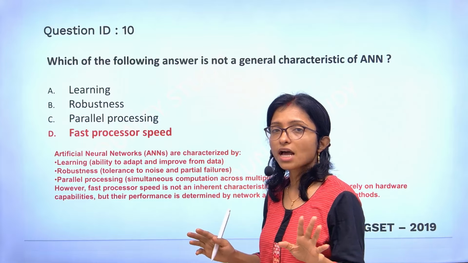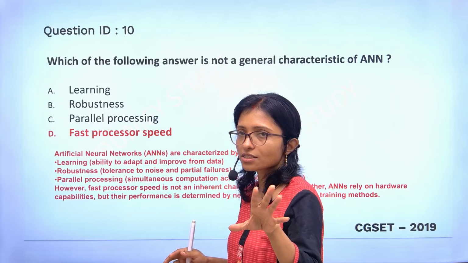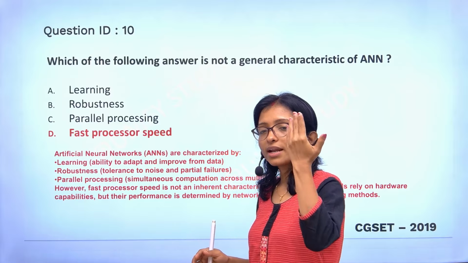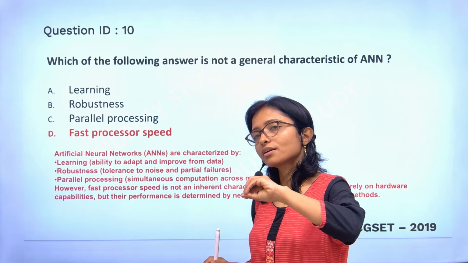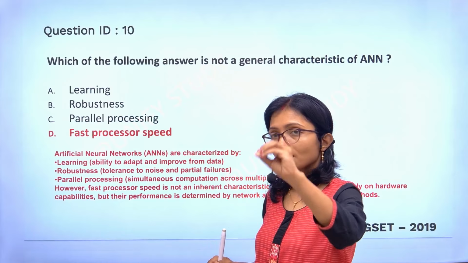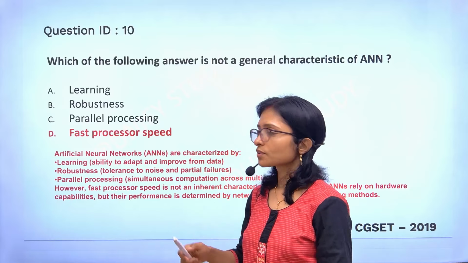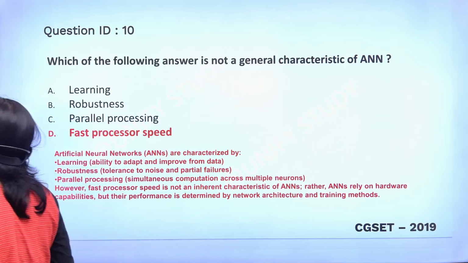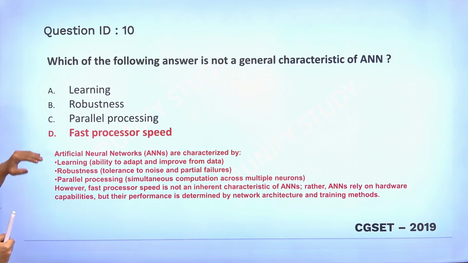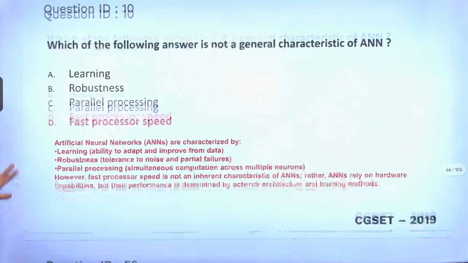Whenever training is done properly, with the machine structure, algorithm and accurate data all done properly, then it will work. So that's why not always fast. Training is required, and training is not at all a fast task. So this will be your answer here.